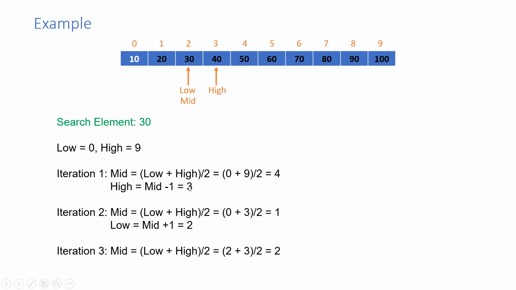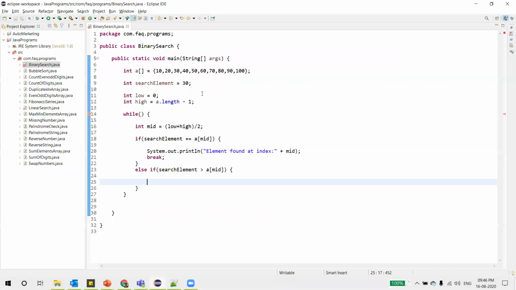In our case, it was lesser than the value 50, so we decreased the high value. We calculated high to be mid minus 1. So we'll write the same condition: if my search element is lesser than a of mid, then we'll calculate high to be mid minus 1.